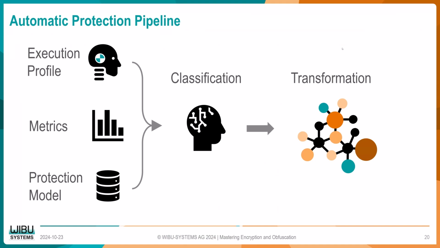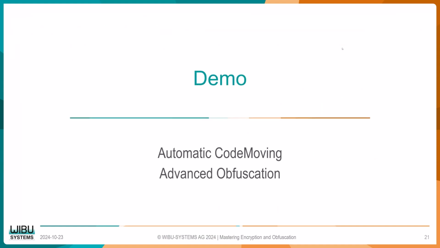So we have our classification phase, which uses all the information we get and then distributes, as you see on the far right, the transformations on the functions according to their relevance, importance, and frequency of use. So I would call this AI-powered protection. Yeah, this is a term which we should really take care of in the future. I think this is a good one. AI-powered protection is what the future is for CTP.